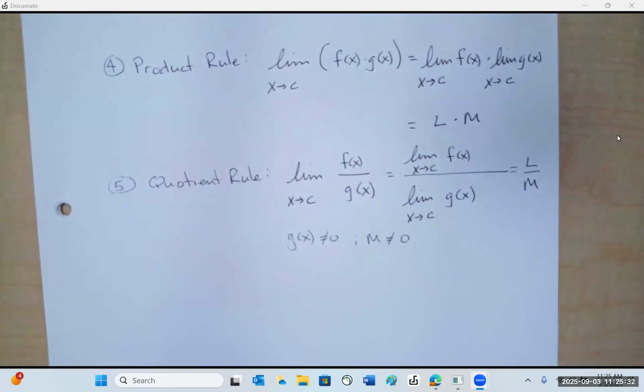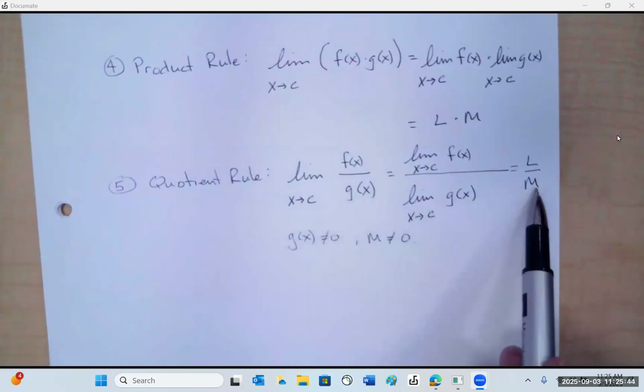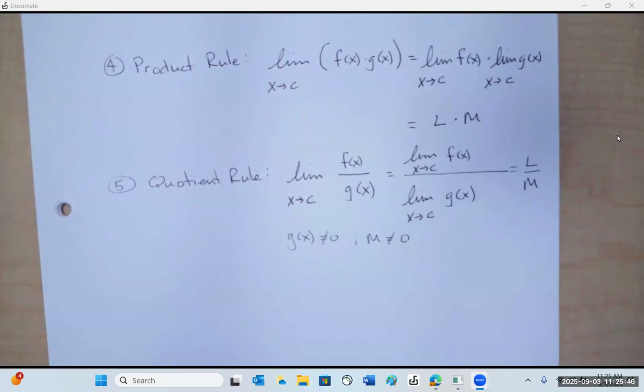There's always an exception to the rule. Remember, individually, you cannot have g of x equals 0 or M equals 0 unless the top is 0 also.